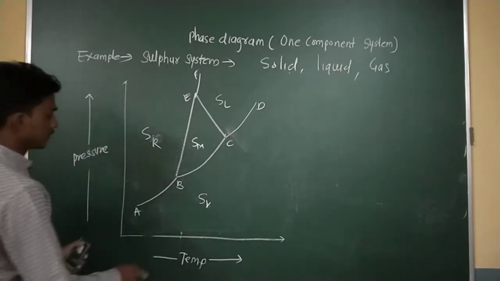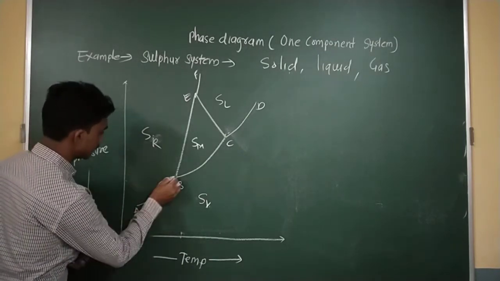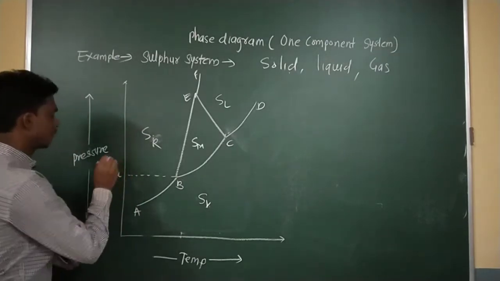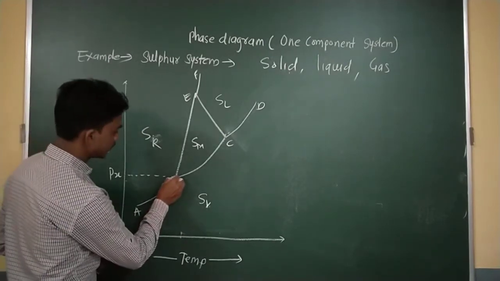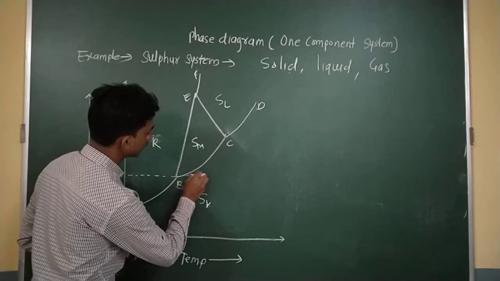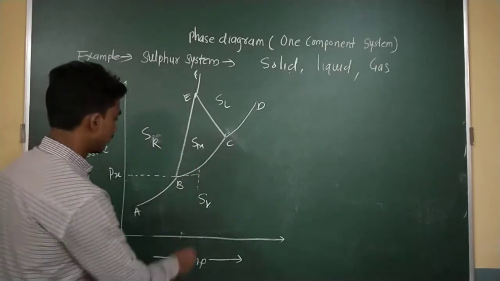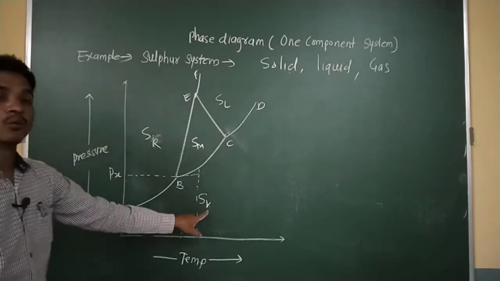If I change the temperature while taking a constant pressure, I don't know how many atmospheres it is, but when I increase the temperature, what will we get at this point? Sulfur is available only in the vapor form.